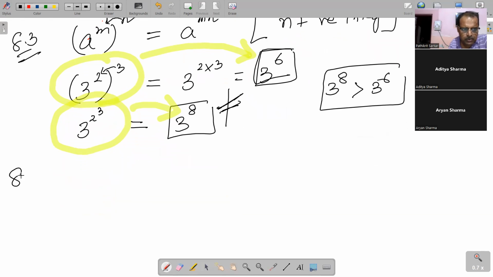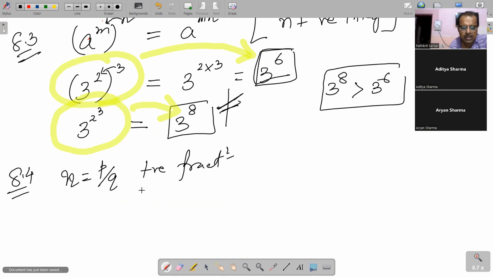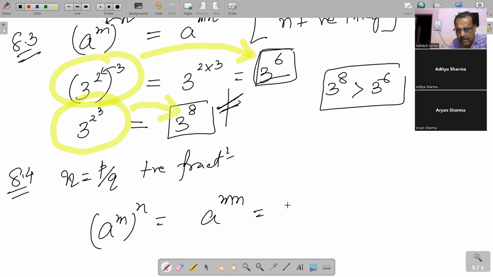Now come down to 8.4. How can we write these things? Let's check if n is equal to p by q, which is a positive fraction. Suppose we write a to the power m by n, so n is a positive fraction, so we can write a to the power mn, and here you write m into p by q.